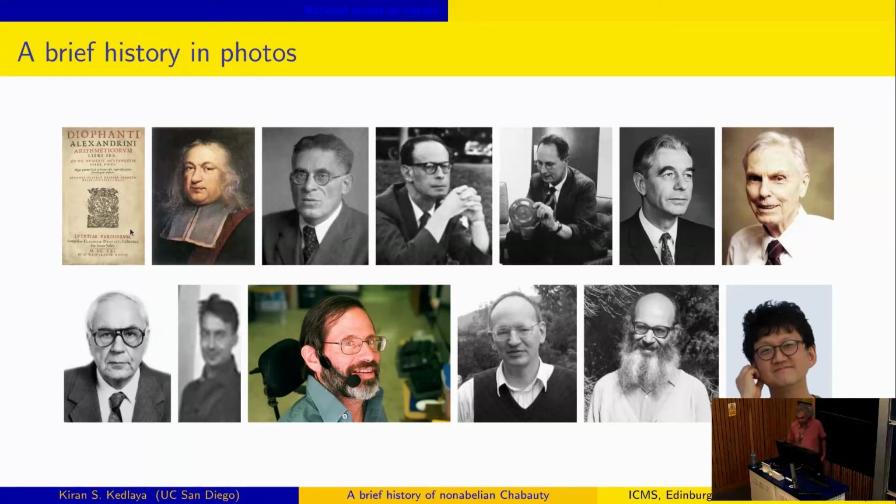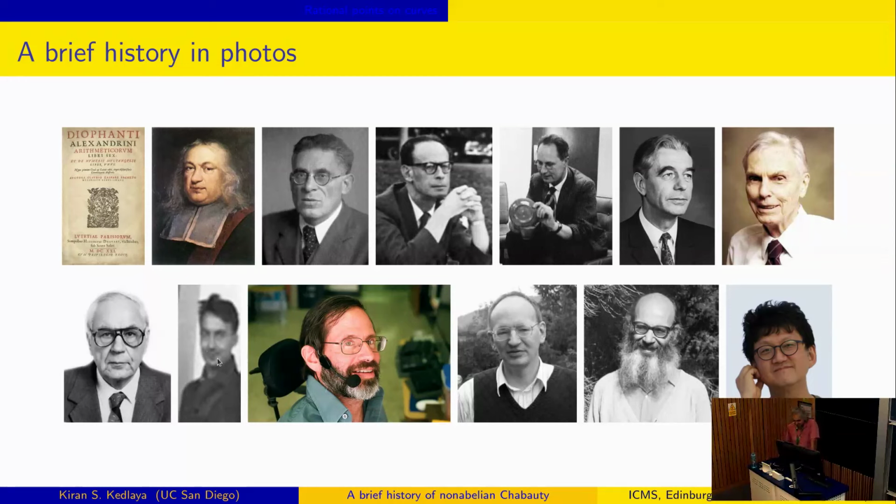So of course, yeah, Fermat is here. We'll talk about Fermat in a moment, and then this one, lots of people know who this is. That's Mordell. That's Weil. This one is not as familiar, but maybe some people here know who this is. That's Cassels. This one is not a very commonly known photograph, but that's Selmer. This is of course Tate. This one is Shafarevich. This was quite hard to find. That's Chabauty.